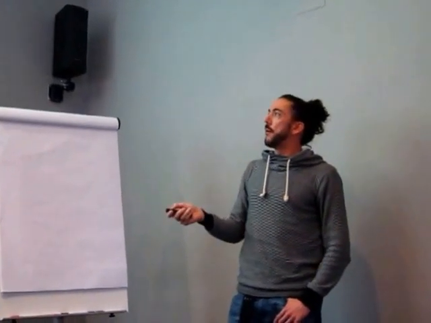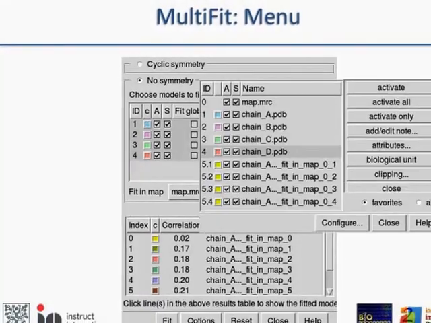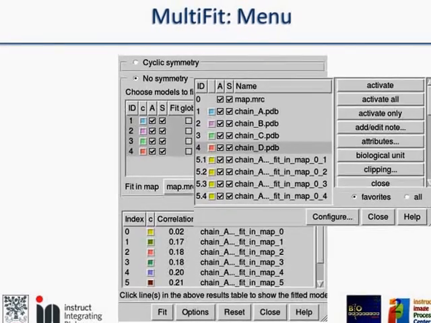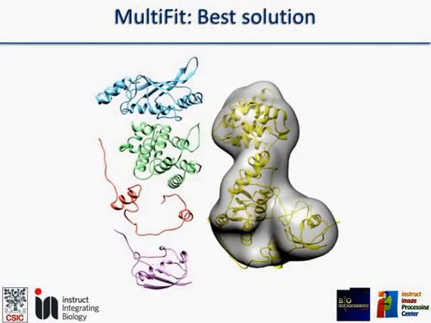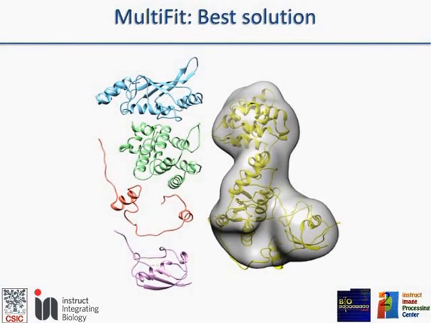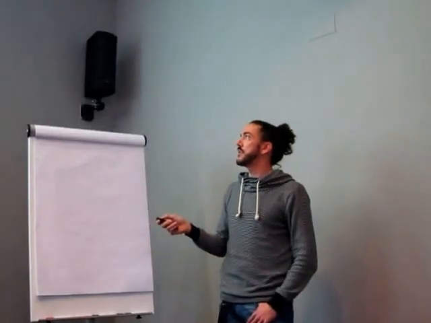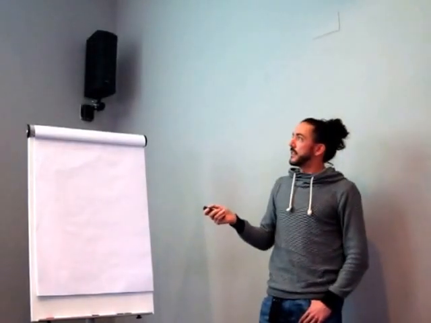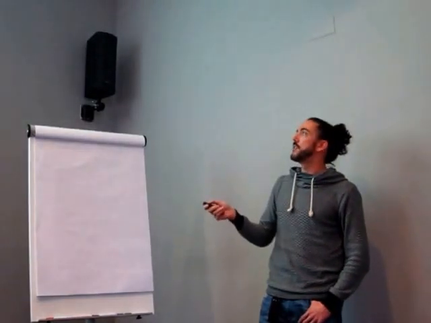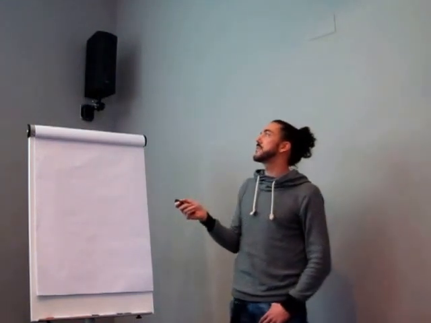Okay, so by clicking one of these solutions, the model panel is going to be updated and the new change is going to be added in this panel and also in the viewer. So this is what we got. Here we have the solution in yellow color. I have compared the solution with the native structure.